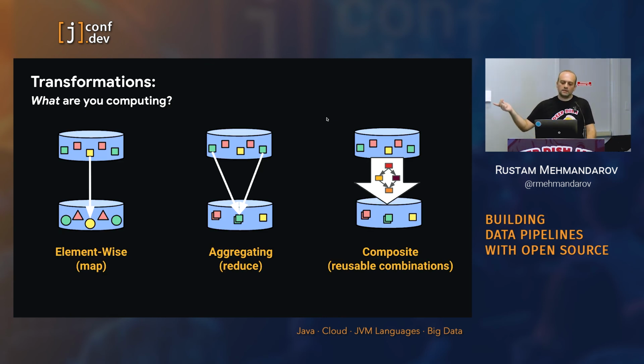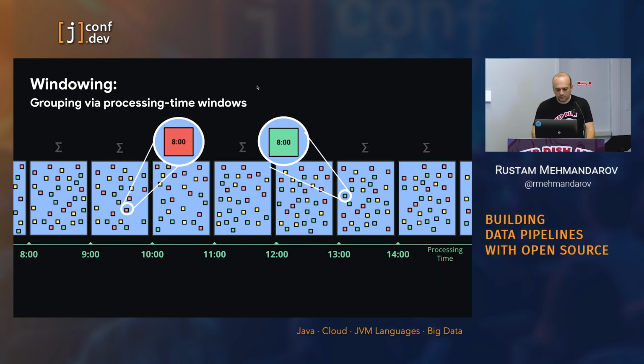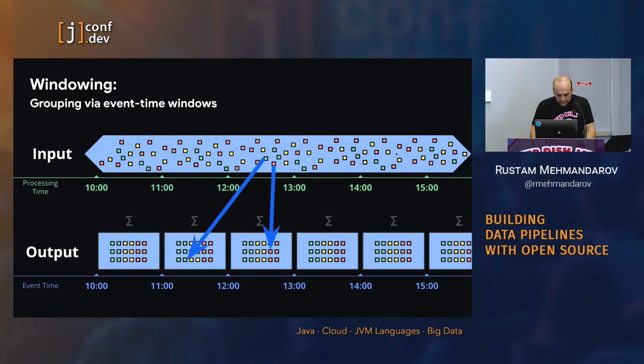You can do element-wise transformations, like I showed you earlier, but you can also do aggregation, also like I showed you earlier, when you create 2 different data sources and put them together. You can also do composites, different variations of all that. And then you can create things in different windows and store them and do all these magic things. All right.